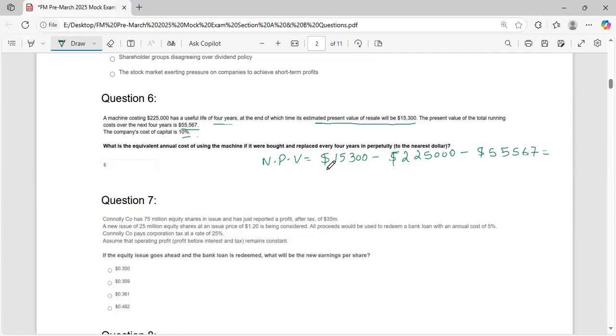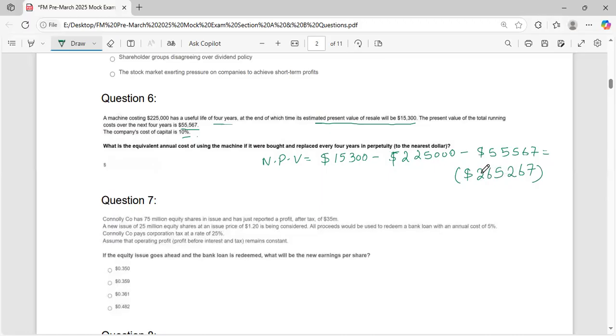So NPV is what? We can calculate net present value: 15,300 minus 225,000 minus 55,567. So we have negative 265,267. This is the net present value.